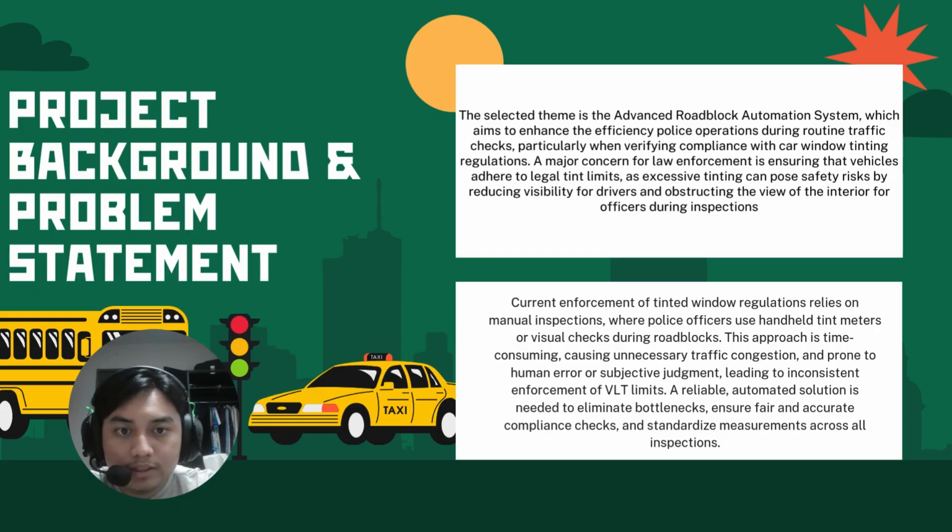We focus particularly on verifying compliance with the car window tinting regulation because they have major concern about the law enforcement in ensuring that every vehicle that passes through the roadblock needs to pass the legal tint limit because excessive tinting can lead to some safety risks by reducing the visibility of the drivers and can also prevent the police officer from seeing the interior view of the car during the inspection.